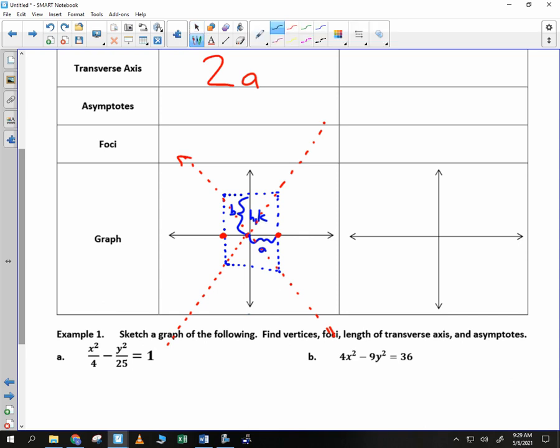Yeah, you have. Asymptotes are the imaginary lines that the graph approaches, but really doesn't touch as it extends towards infinity. So now that I have that box and the vertices, I can make the graph. The graph starts there, and it kind of goes out towards the asymptotes. Starts here, goes out towards the asymptotes. That's my beautiful graph.